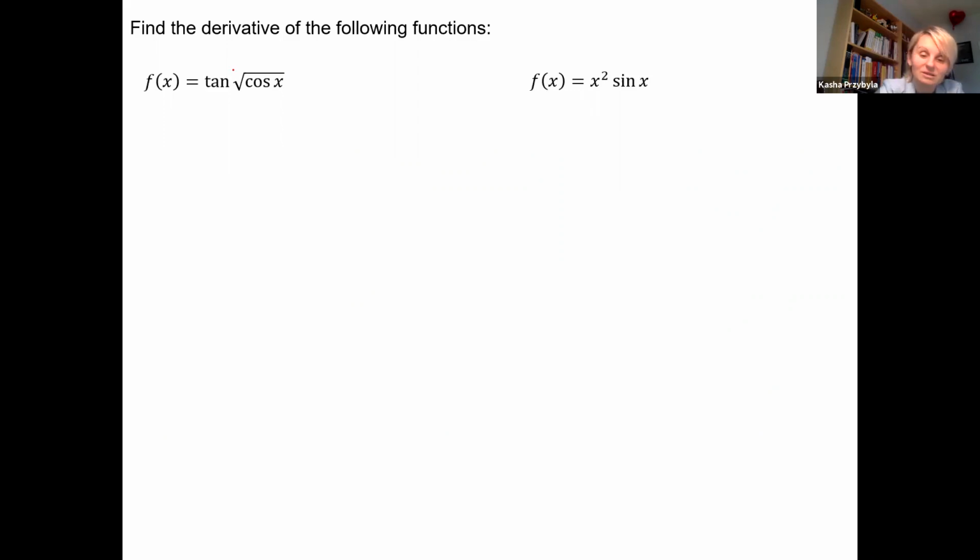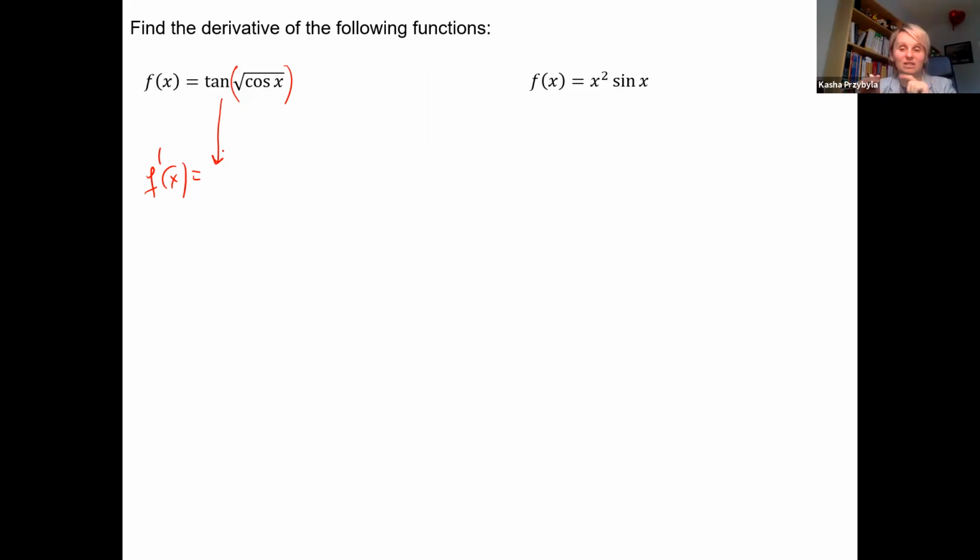Tangent, that's the entire angle. We don't have any product, that's not a product. Tangent of square root of cosine of x. Okay, let's start. The outer function is tangent. What's the derivative of tangent? The outer function, tangent. Derivative of tangent is secant square, and I'm not saying the angle.